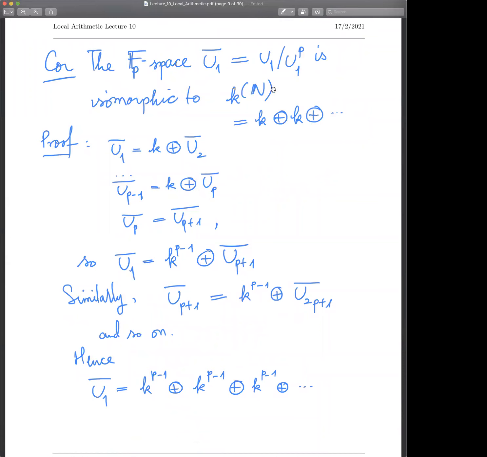Okay, so the corollary is that the F_p space U_1 bar is isomorphic to K to the power (N), within parentheses, and these parentheses are important. This means the set of all maps from N to K of finite support. So these are all elements of K indexed by the natural numbers. All families, but each family is such that almost all the entries are zero.